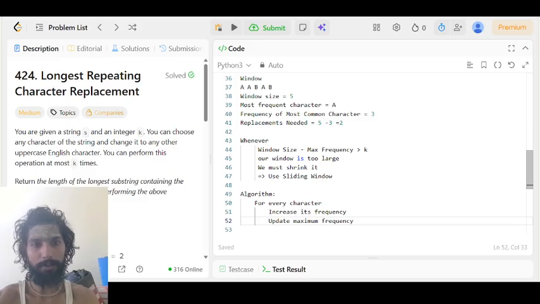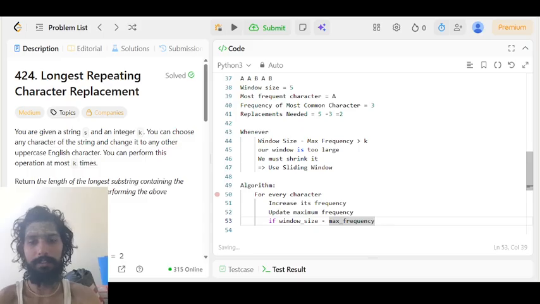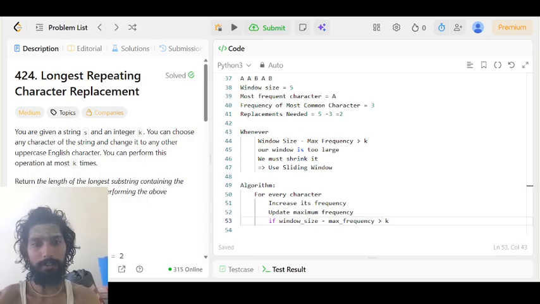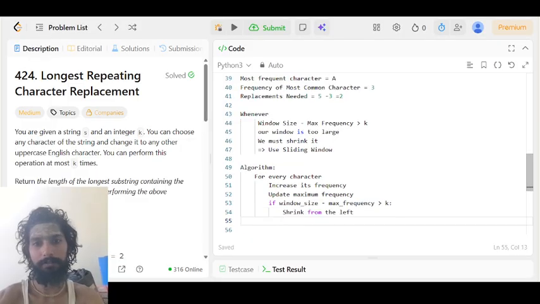Now if window size minus max frequency exceeds k, shrink from the left and update the maximum answer.